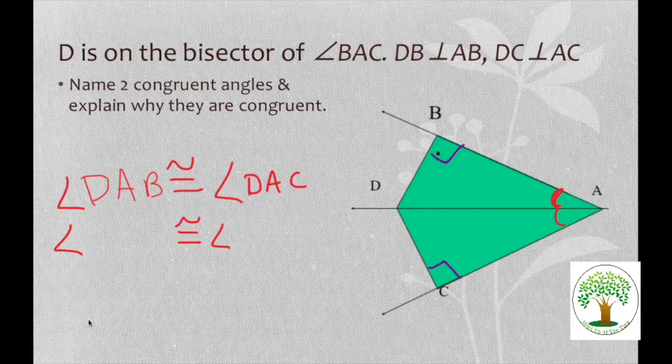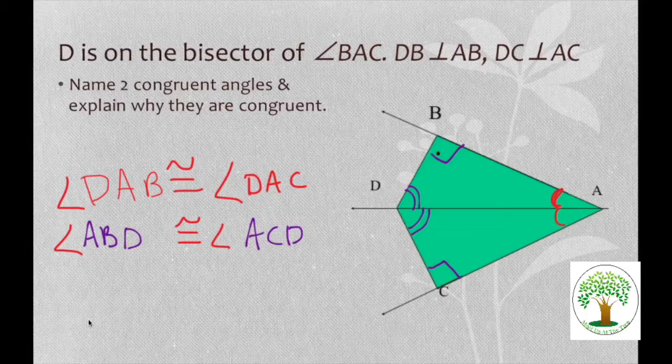All right, so we can go A, BD, and A, CD. Now you could say that those other ones were equal. Why couldn't we have done it the other way before? Because technically, from the given, we can now state those if we needed a reason.